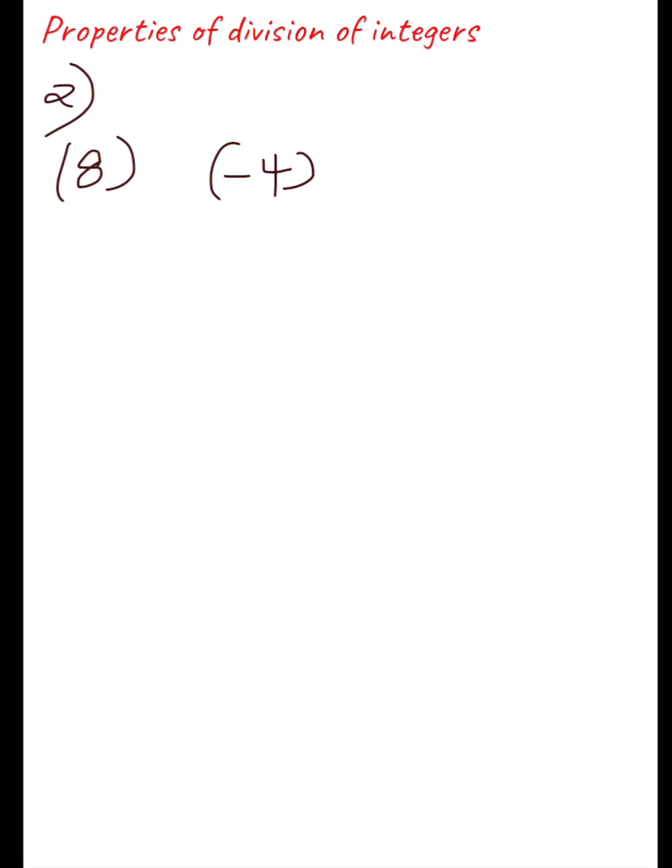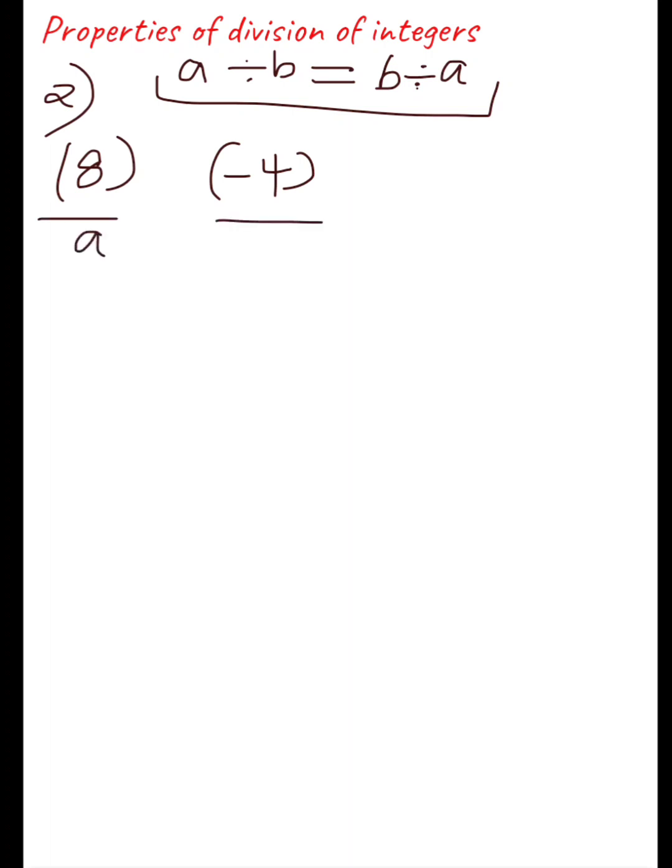So what will you say? a divided by b should be equal to b divided by a. Then only we can say that commutative property is satisfied. But let's see whether it is satisfying this condition or not. So here we are taking 8 and minus 4 as a and b, and we are dividing them.